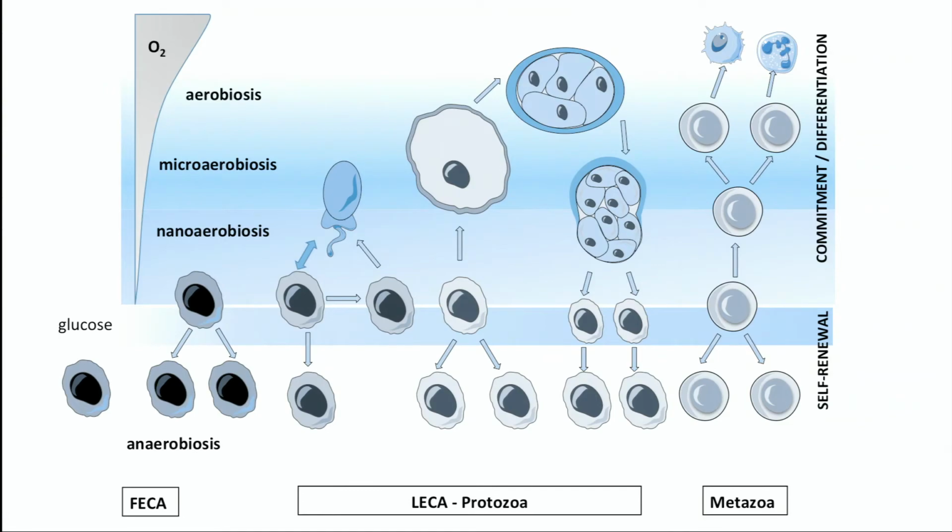In this situation, the first eukaryote might survive without dividing and maintain their proliferative potential.